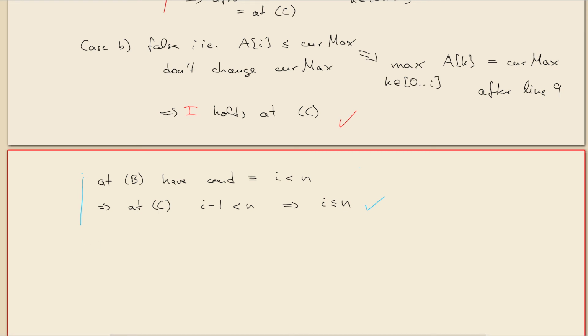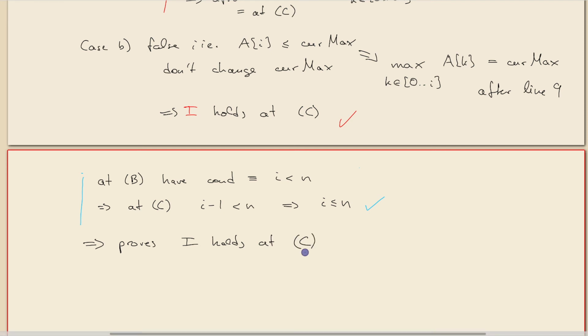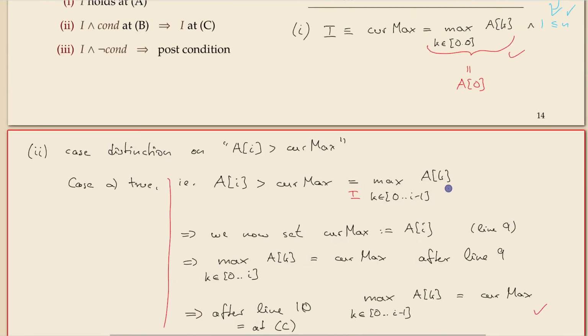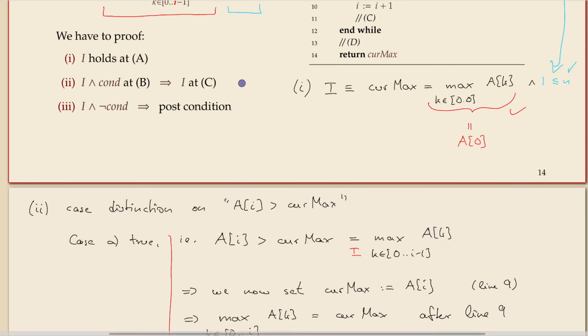Taking those two things together, that proves that the invariant holds at position C at the end of the loop body. Okay, and that was this part. So that finishes. I could have ticked this off. We've done that here, done that now.